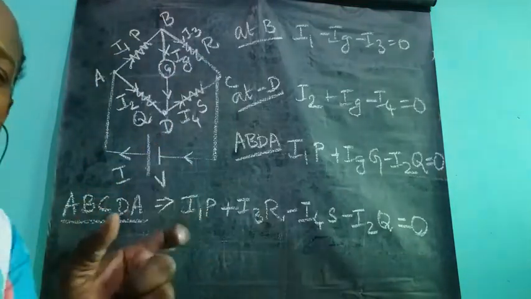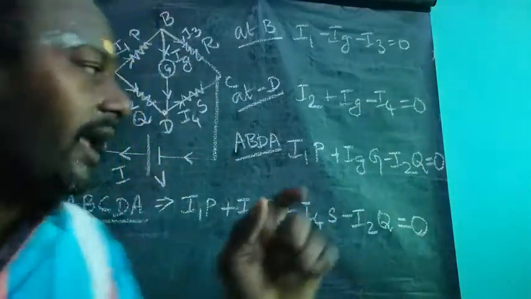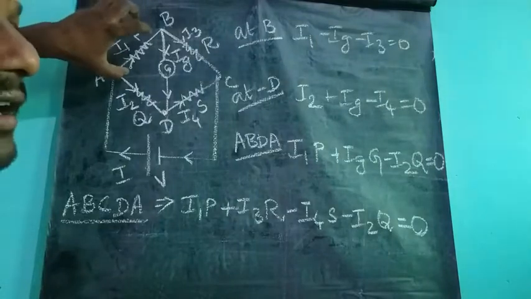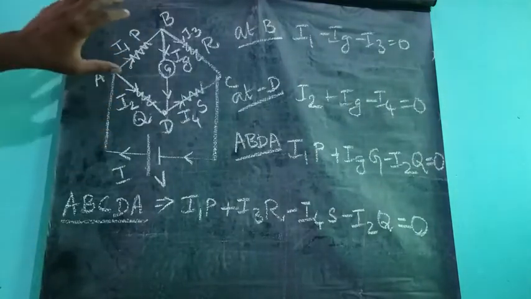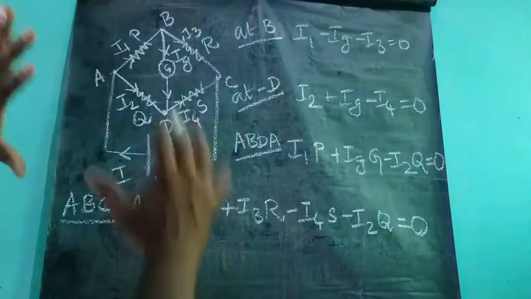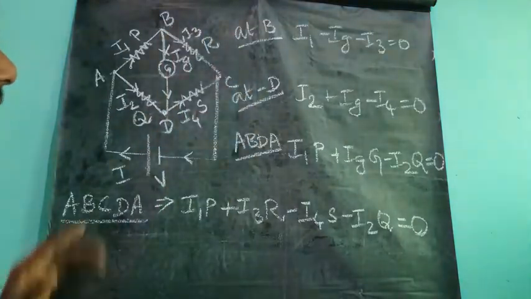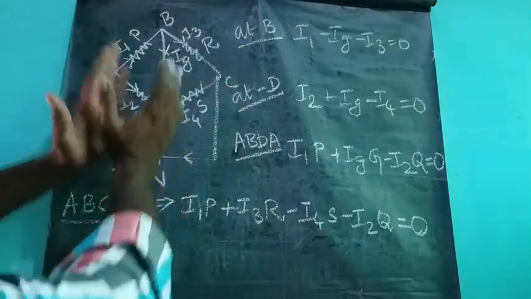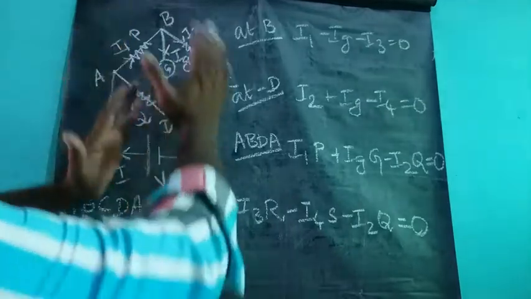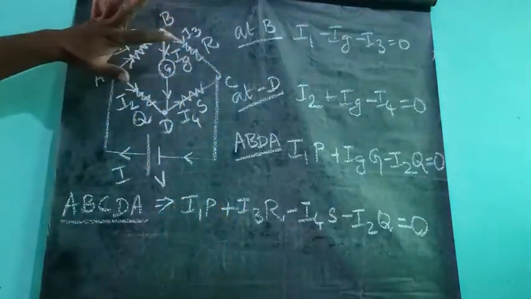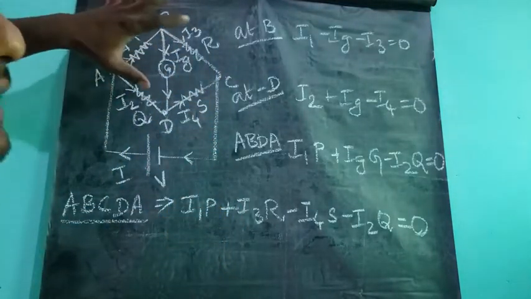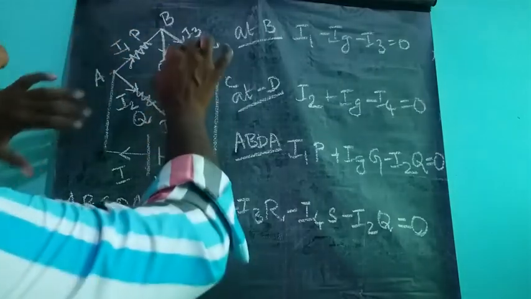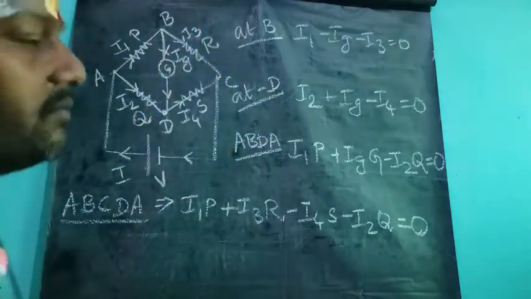Because we know that according to Ohm's law, V is equal to IR. How much resistance is there, and according to the product of current and resistance, the EMF will be distributed. When it is being balanced, the current flowing through the galvanometer will become 0.